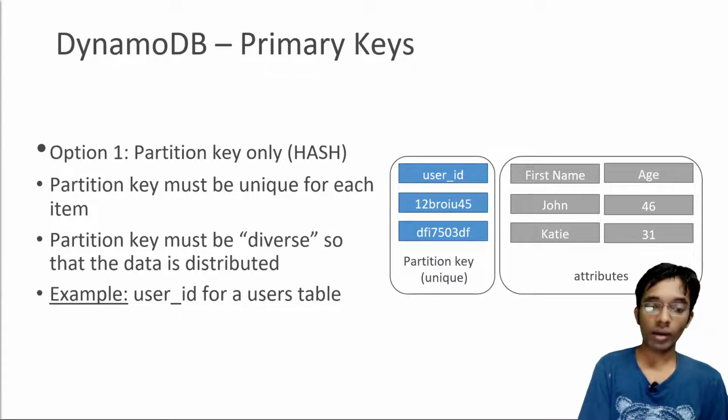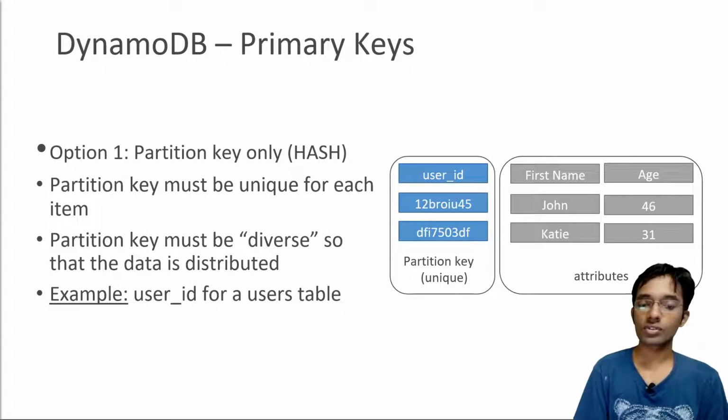Then we'll have a bunch of attributes such as first name and age. For John there will be one user_id, and for Katie another user_id. The user_id is unique, so it's a great choice for a partition key.